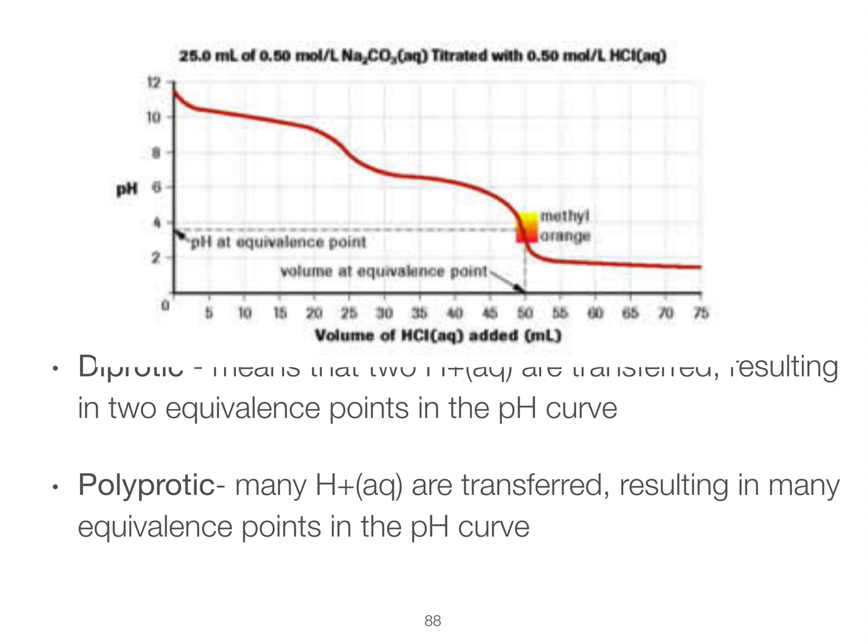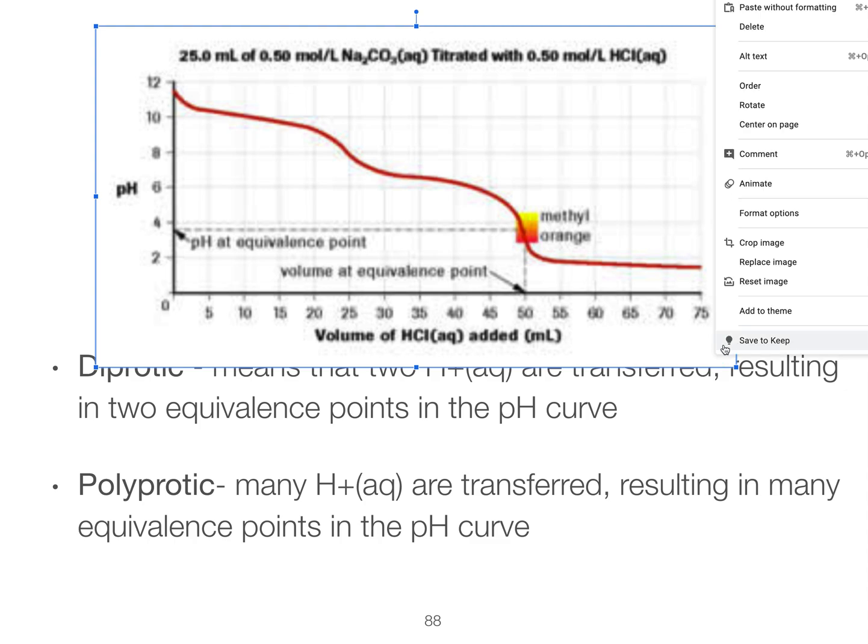So here we're taking the base, sodium carbonate, and we're neutralizing it with hydrochloric acid. And while the equivalence points aren't nearly as vertical, you can see that there are actually 2 of them here, which makes sense because this can act as a base twice in the presence of the strong acid.